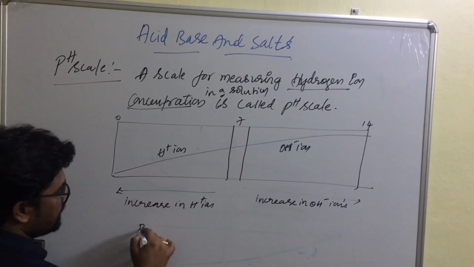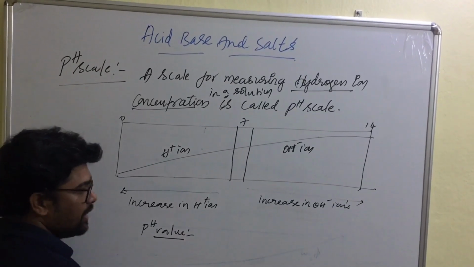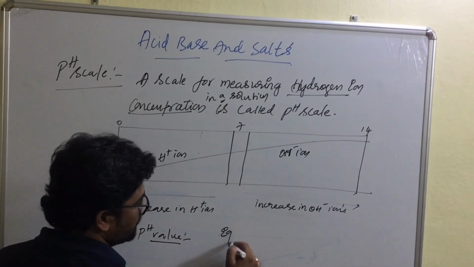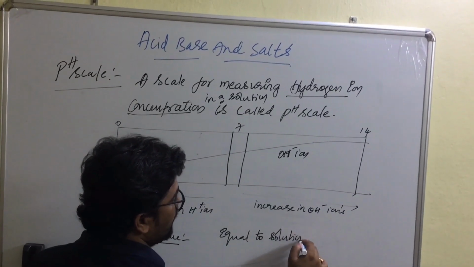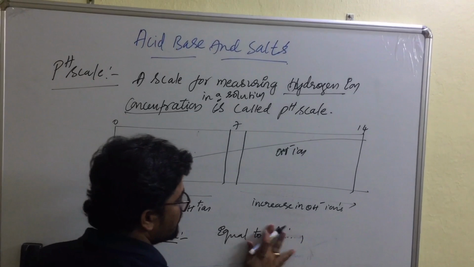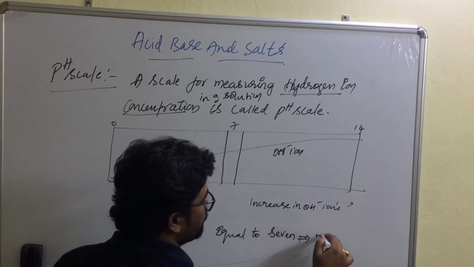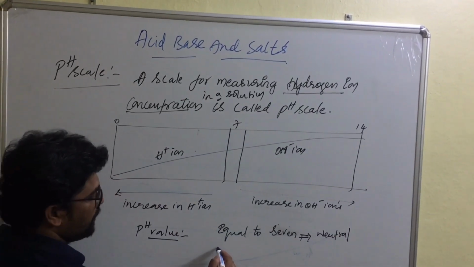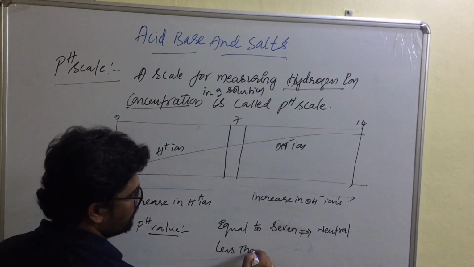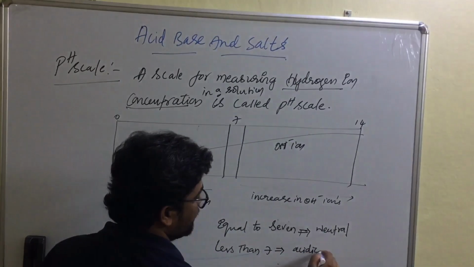So the pH scale has certain values. If a solution gives a value equal to 7, we call the solution neutral. If the pH value is less than 7, it is called acidic.